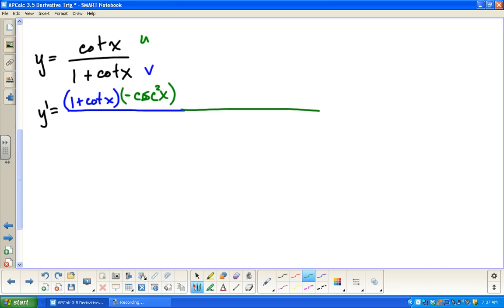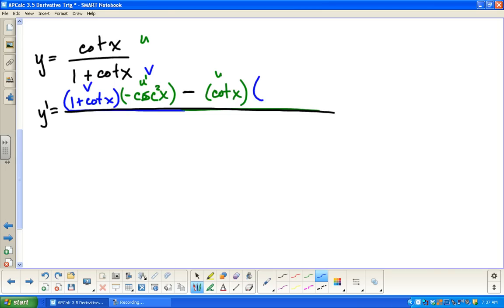All right, quick recap so far. Denominator times derivative of the numerator. So this is u prime, this was v, and that's all going to be over the denominator squared. Then, minus the numerator, so this is u, cotangent of x, times the derivative of the denominator.